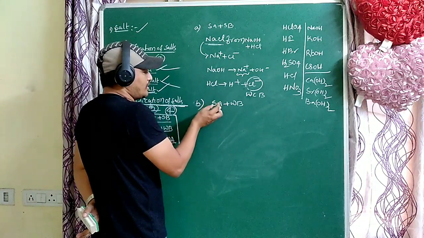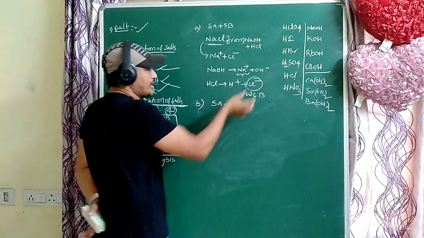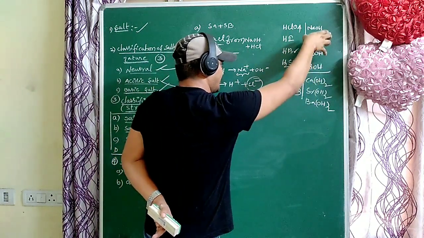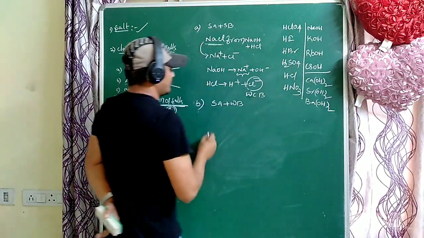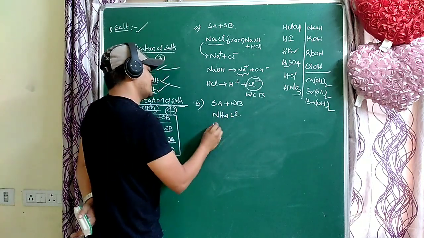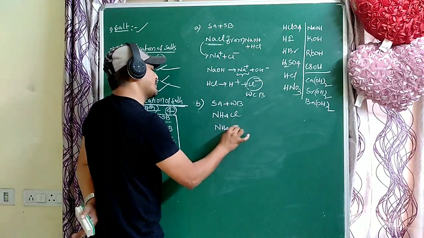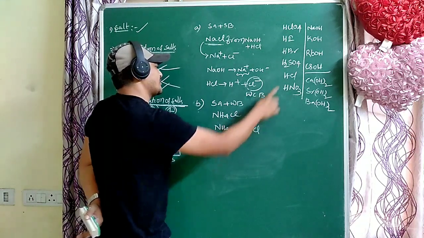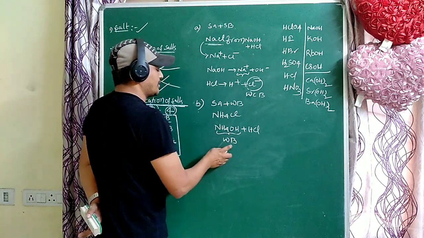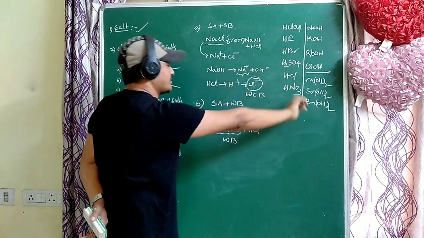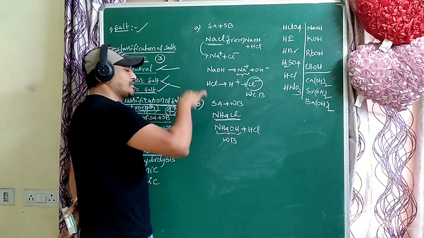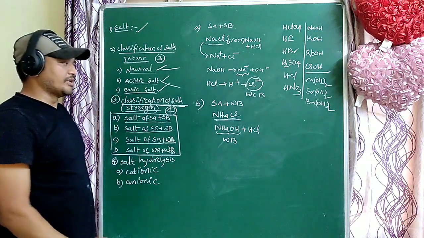Strong acid means one of these strong acids. Weak base means a base not coming from the strong bases. For example, NH4Cl is prepared from NH4OH plus HCl. HCl is a strong acid and NH4OH is a weak base, because it is not among those very strong bases. The remaining bases are all weak bases. So this is the salt prepared from strong acid and weak base. So next.